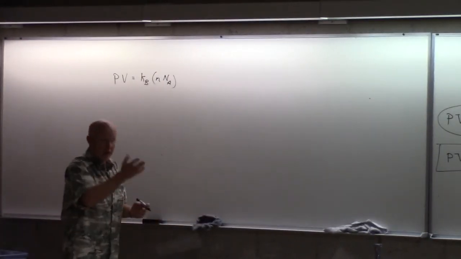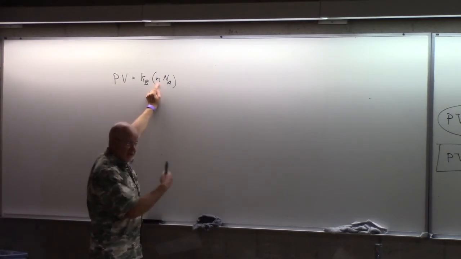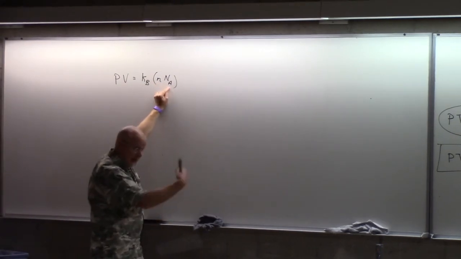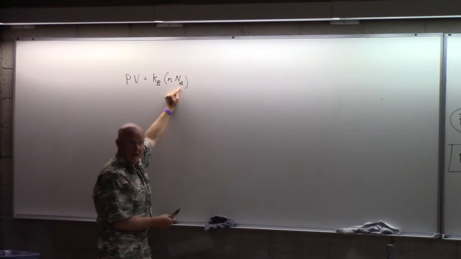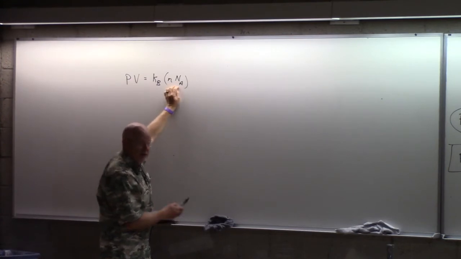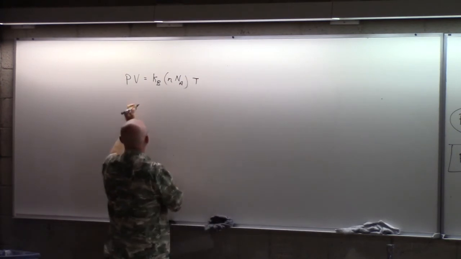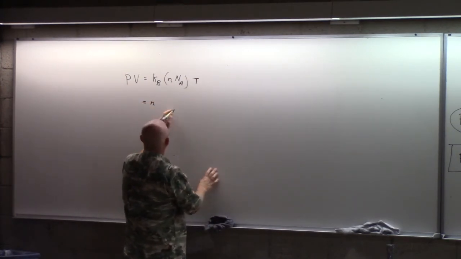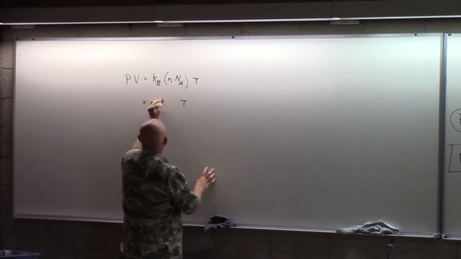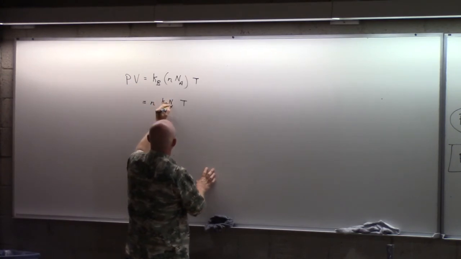Well, this is again like our summer school. This would be saying I've got 6 weeks, and each week is 7 days. So 42 days. And then times the T. Now, if you rearrange this and put the n first and the T later, then you have 2 constants multiplied together.